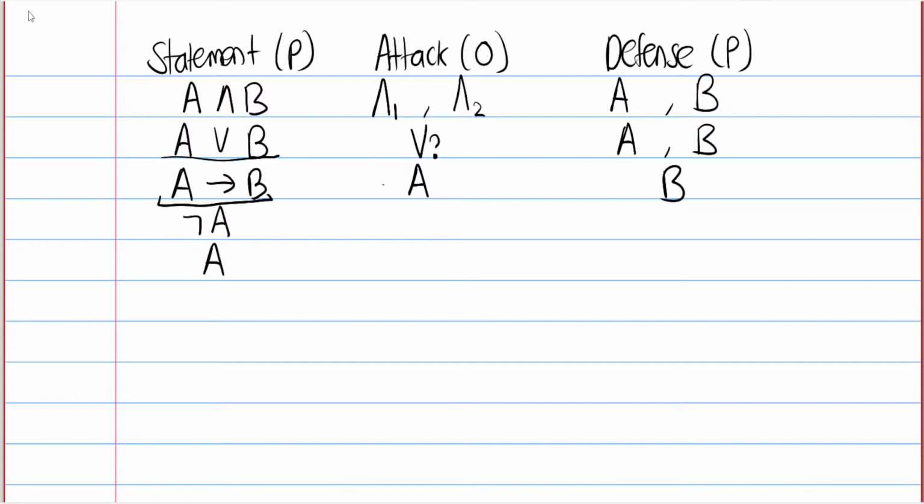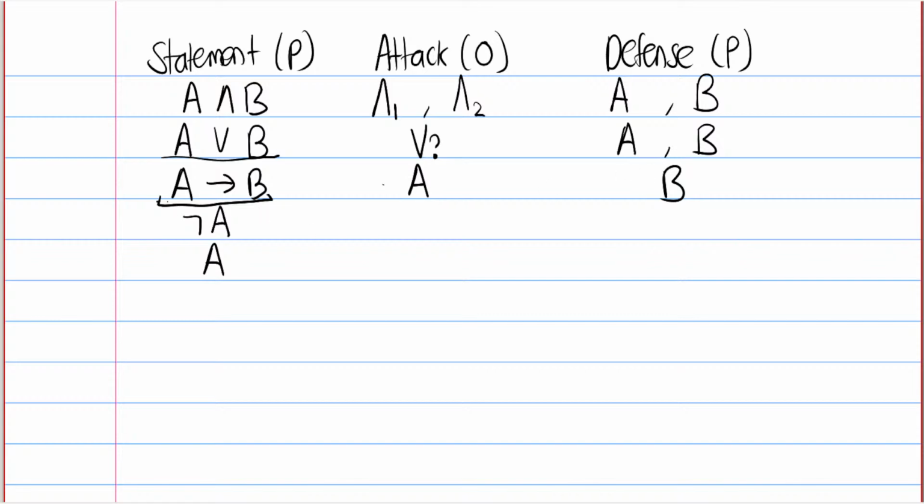So that's implication. You attack with the left-hand statement, and P has to defend with the right-hand statement. Always admitting to the fact that A is true. And in response, O requests P to be able to provide that B is true.